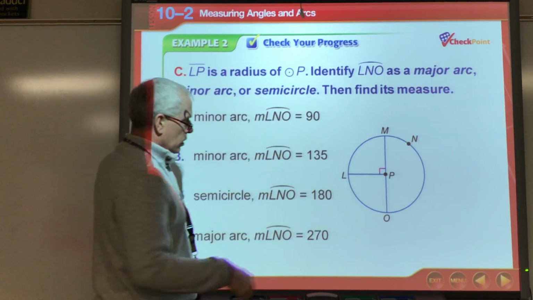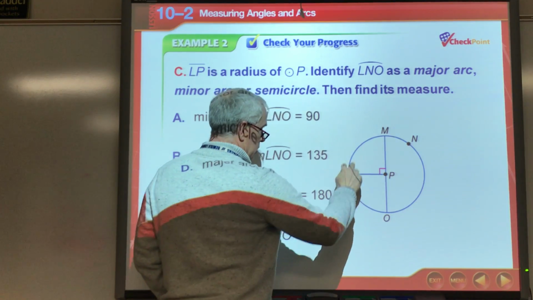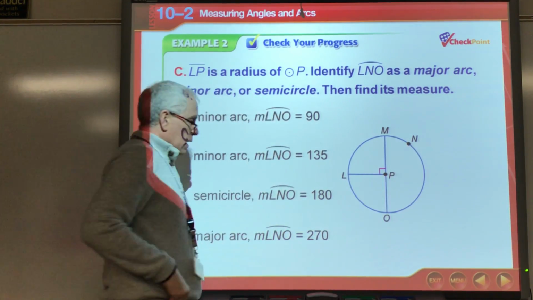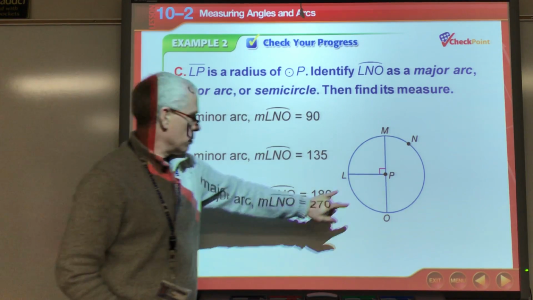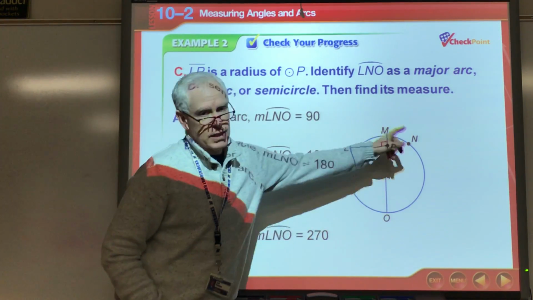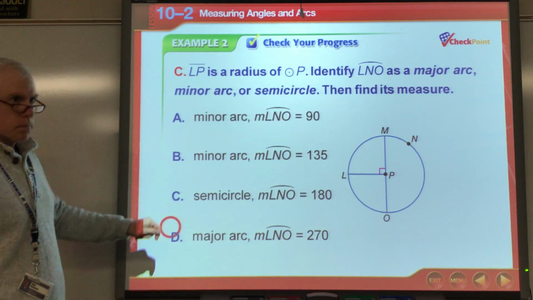Okay, L to N to O is this way, okay? That's going to be a major arc because it's more than halfway around. And we said that L to O was 90, so if I take 360 minus 90, I'm going to get 270 for that one, okay?